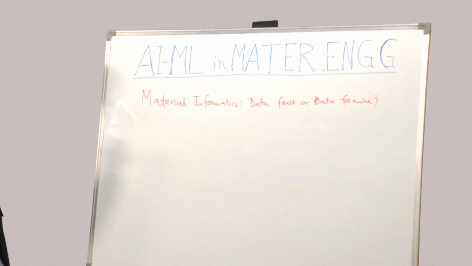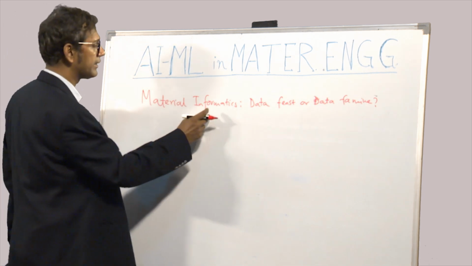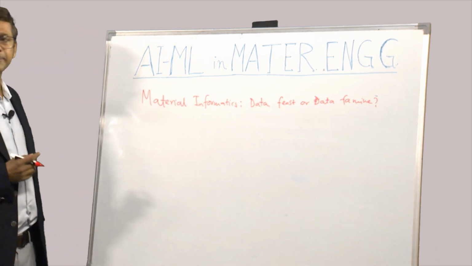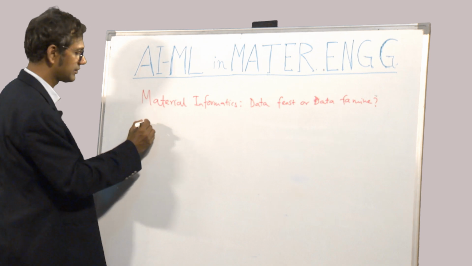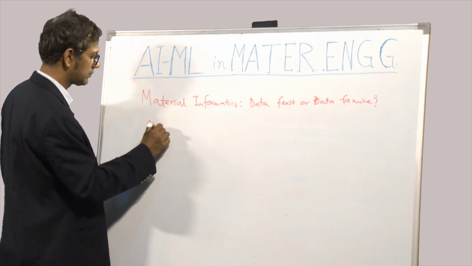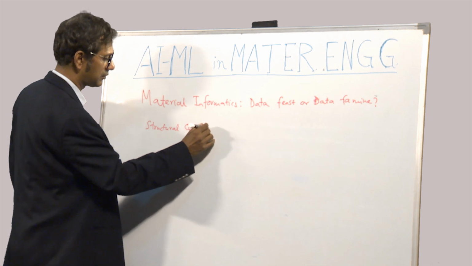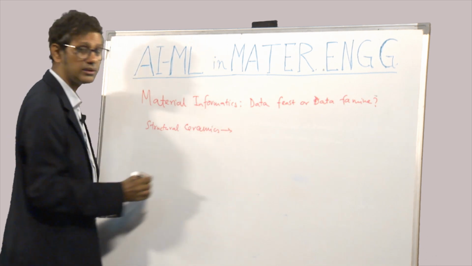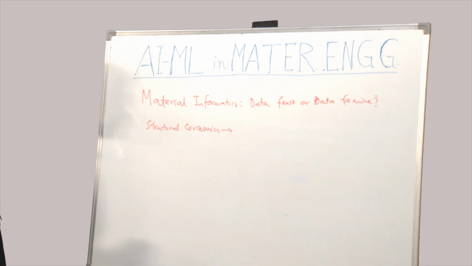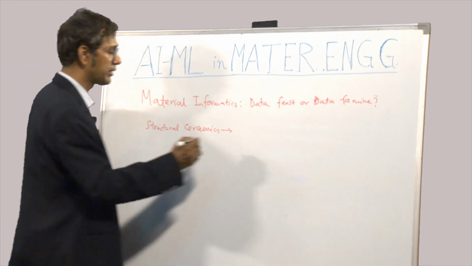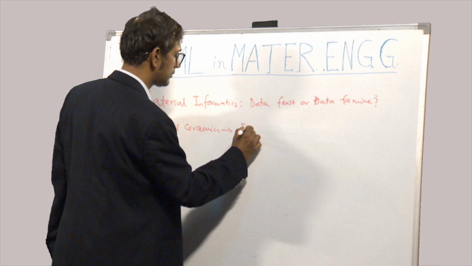So, now in this connection let me tell you how we define that we have huge data. Let us talk about ceramics, structural ceramics. Structural ceramics has a very important property called fracture toughness.